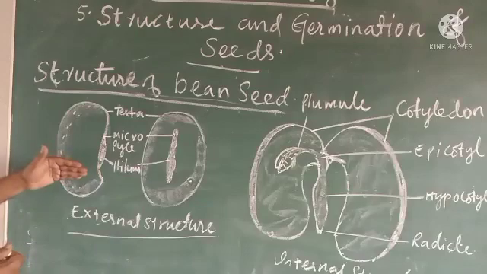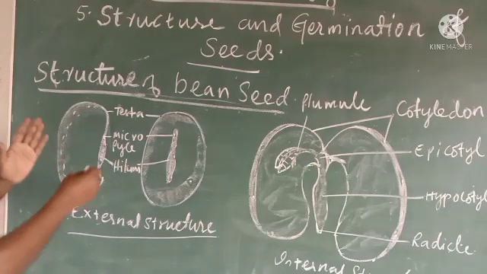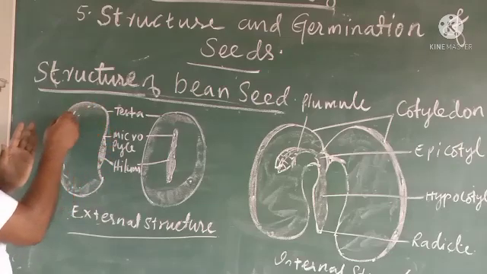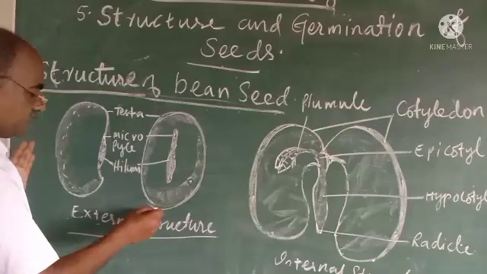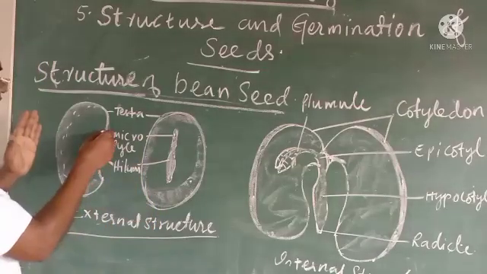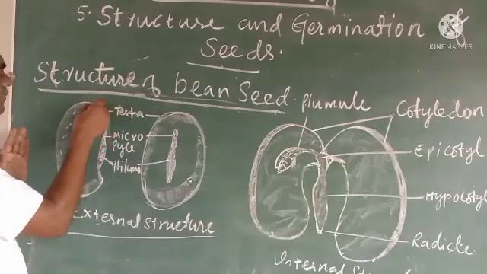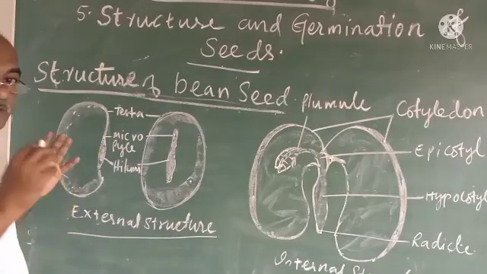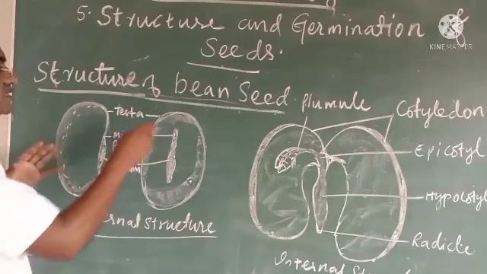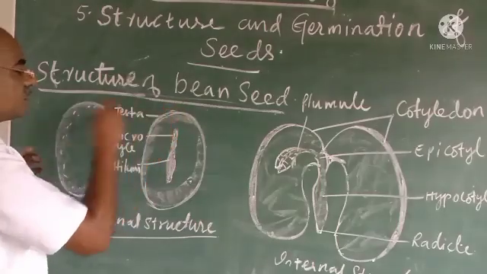Understand? Here, in the external structure, if we see the structure of the seed, the half region of that particular seed is totally covered. Here you see the outer covering, the testa. We know that the outer seed coat is called the testa.